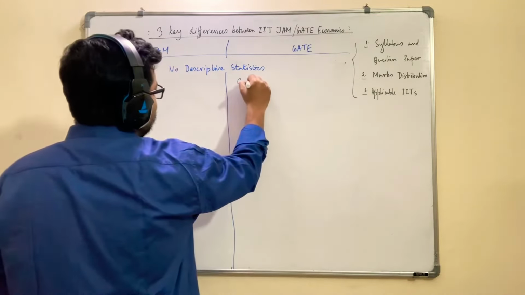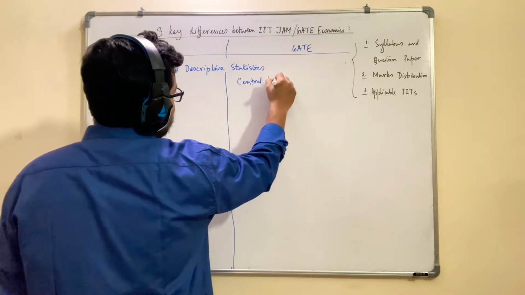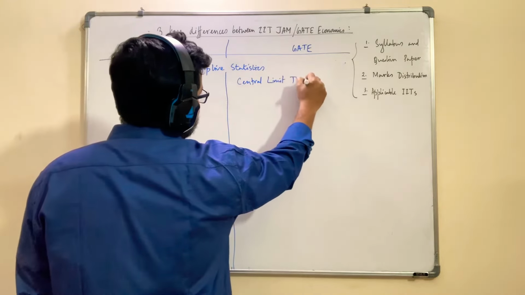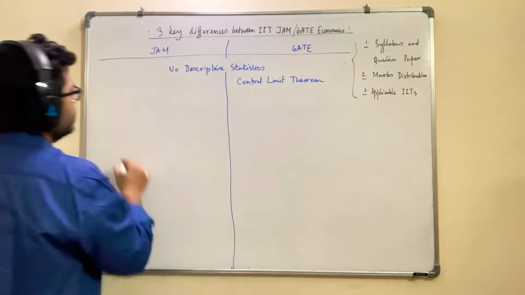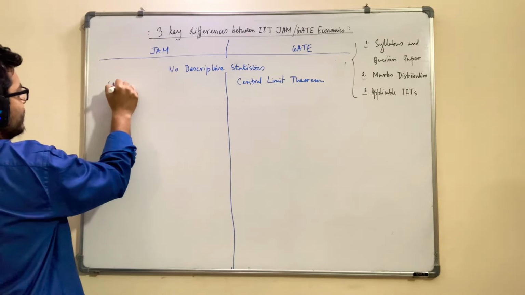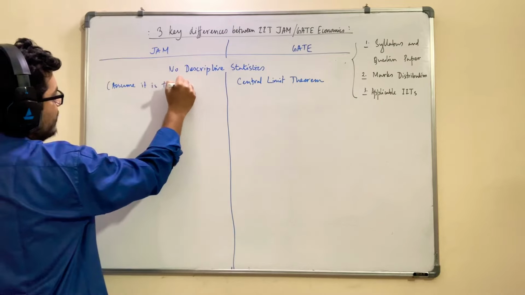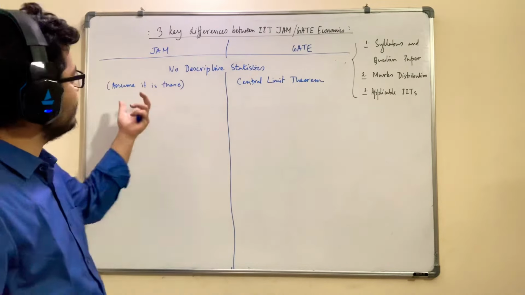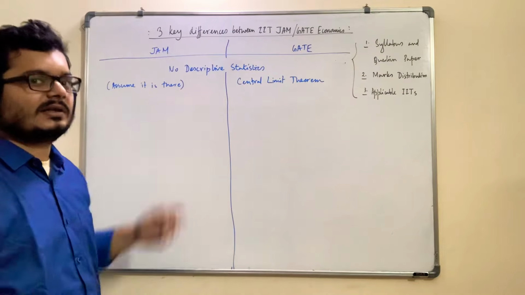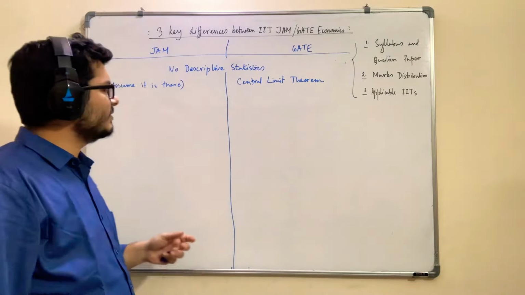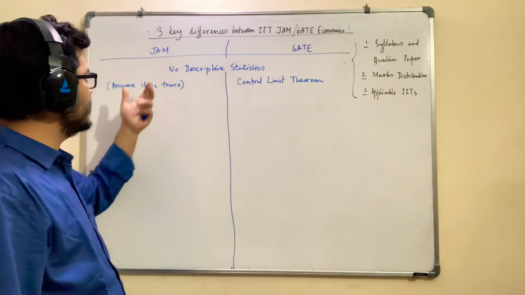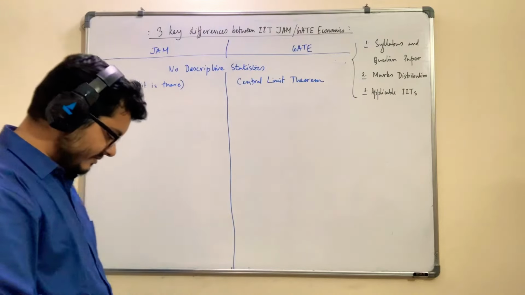Central limit theorem, that is CLT, is typically mentioned here. And for JAM we will just assume it is there, because given the level of mathematical statistics in JAM, it will not be wise to assume that CLT is outside the JAM syllabus.